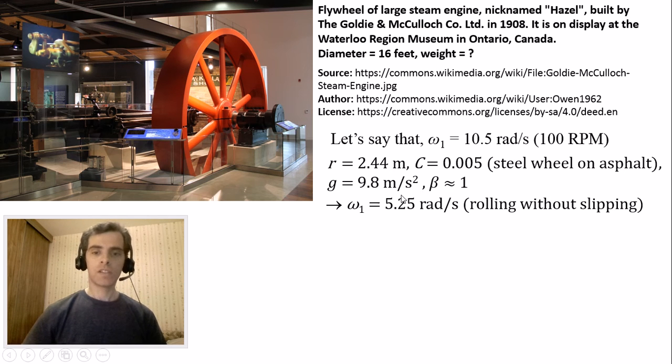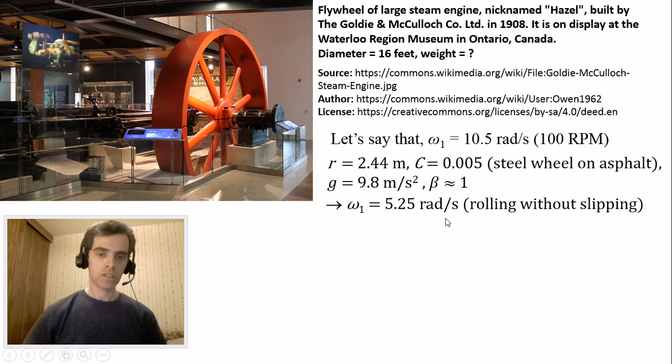Now, if we assume that this flywheel comes loose during operation, it immediately starts sliding along the ground. So it starts sliding, and at the same time it starts moving with horizontal motion. And by the time it stops sliding, it has already lost half of its kinetic energy.